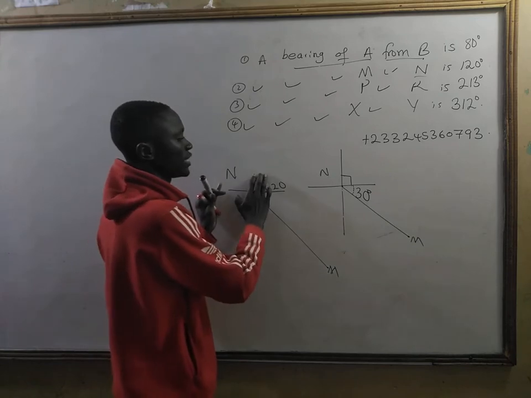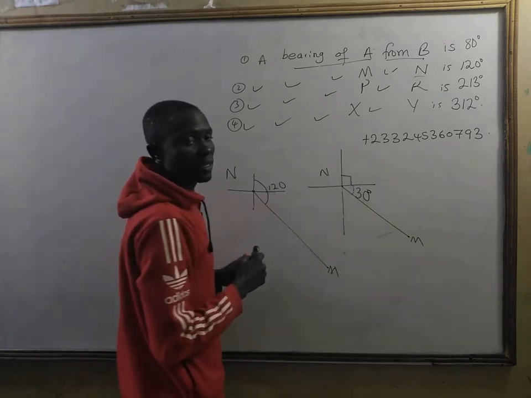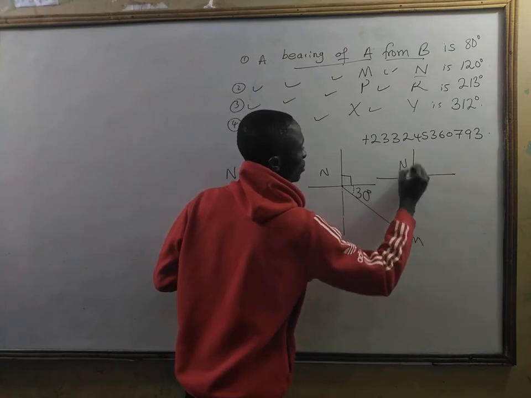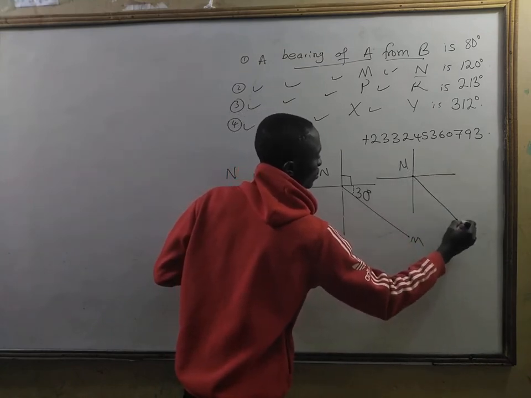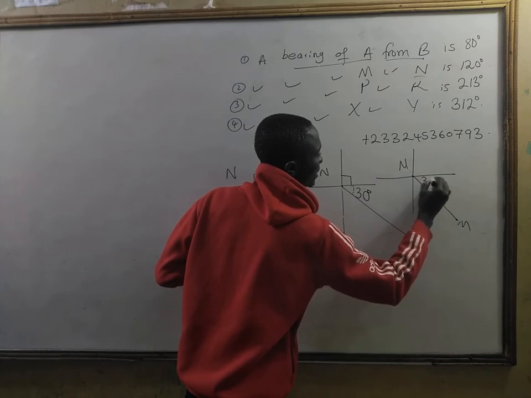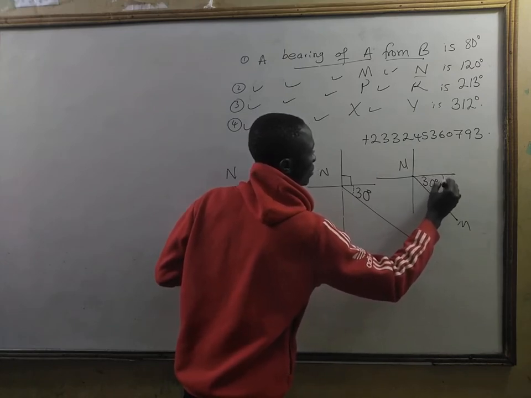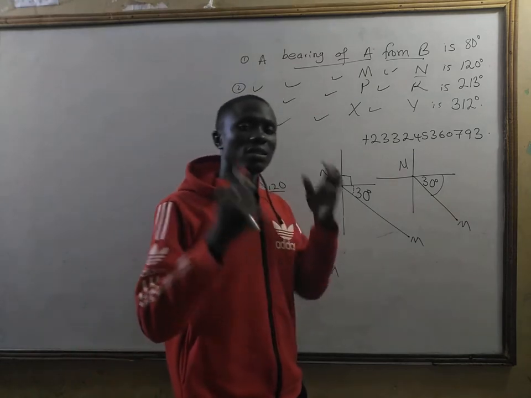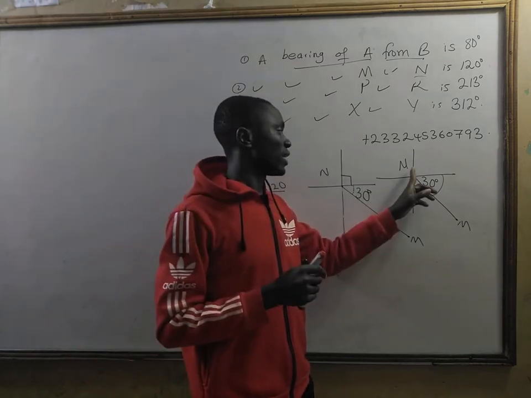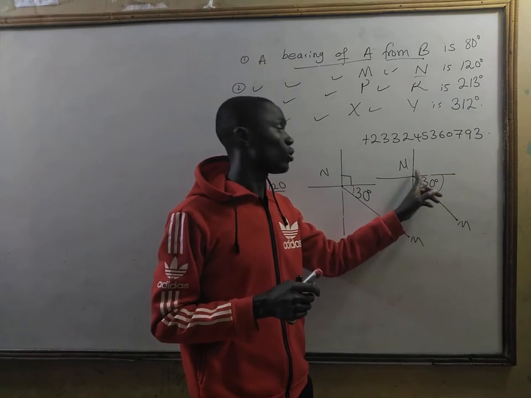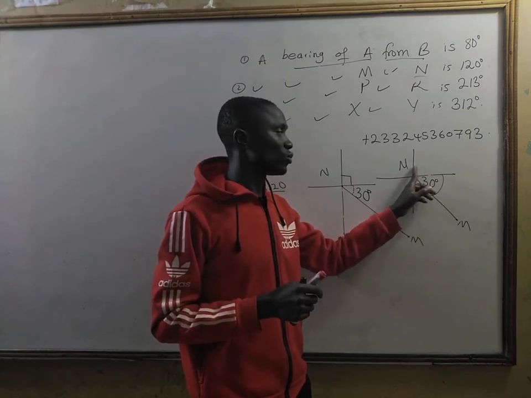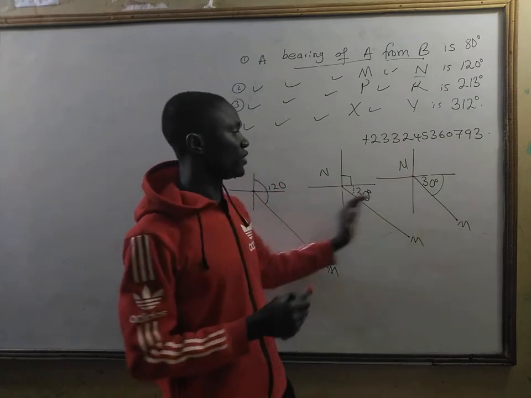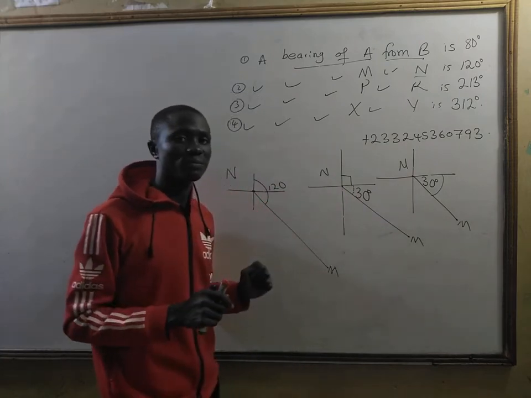So we can draw it this way, draw it this way, or we can simply draw and use the 30 degrees there. Wow, that is very simple. This means that in abstract, you know that this angle is 90. So 90 plus 30 is 120. So any of these is accepted.